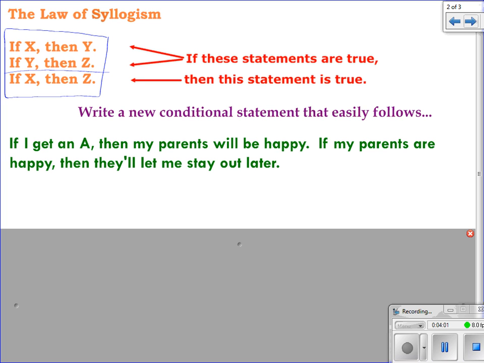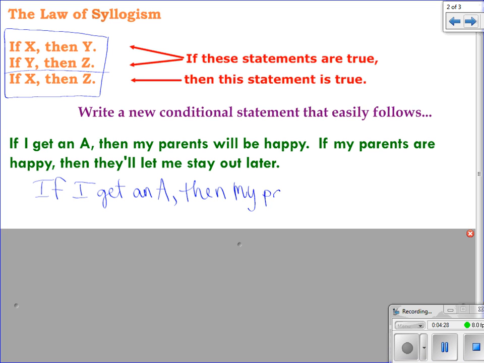If I get an A, then my parents will be happy. If my parents are happy, then they'll let me stay out later. So those are two true statements in somebody's life. What would the law of syllogism conclude? If I get an A, comma, then, a lot of kids forget the word then.